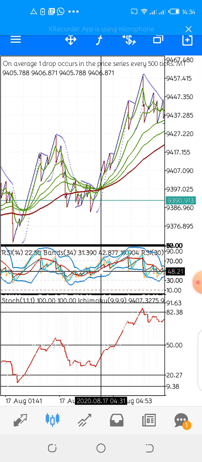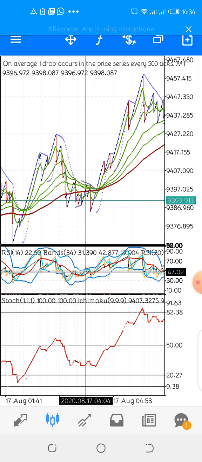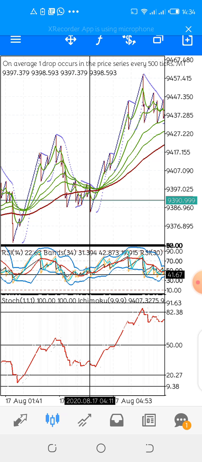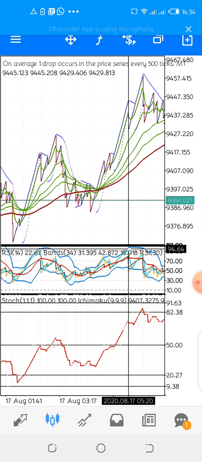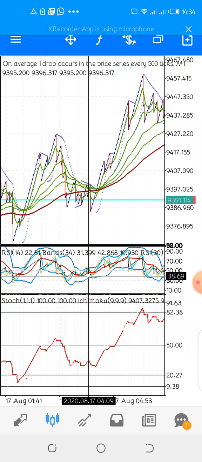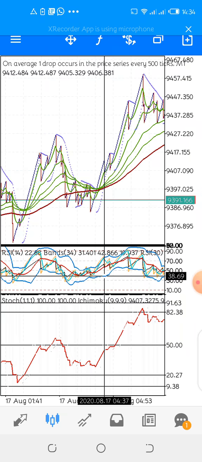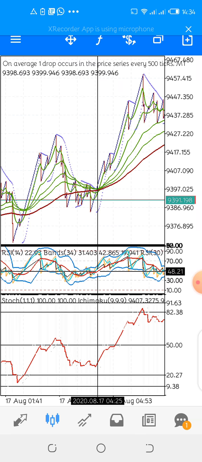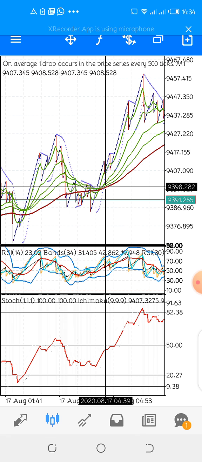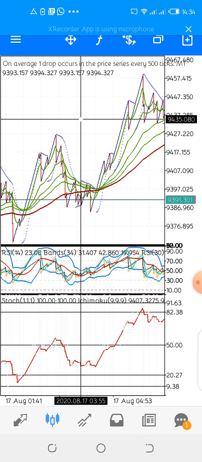So your TDI, never ignore it, especially when it has consolidated around the 50 area for so long. Know that after it breaks out, it will either go up or go down. So anytime your market consolidates around area 50, be very keen with that. So this for sure was using level 300 as support, and from there you bought.